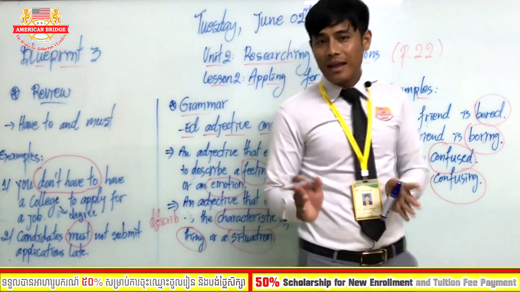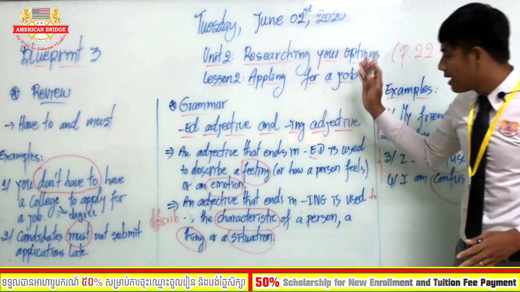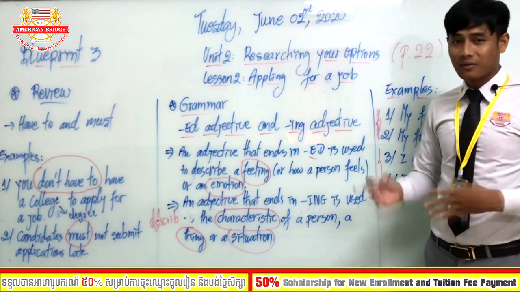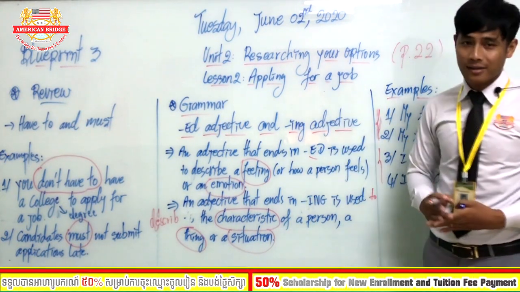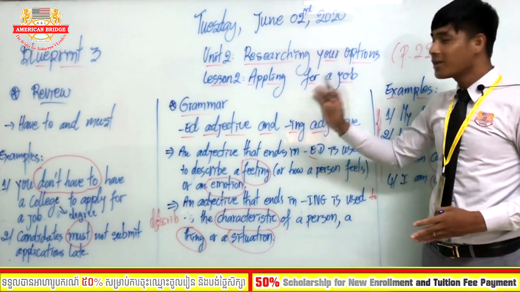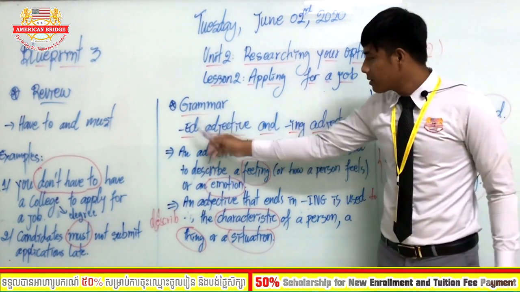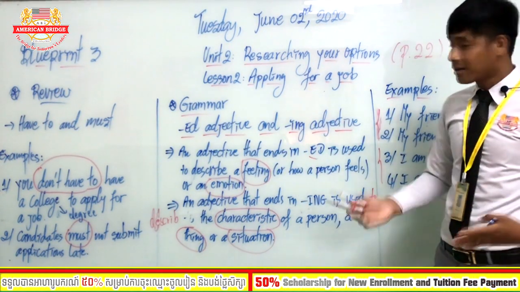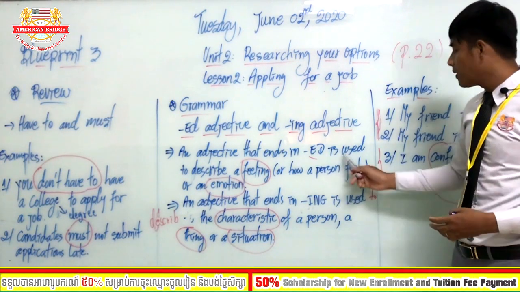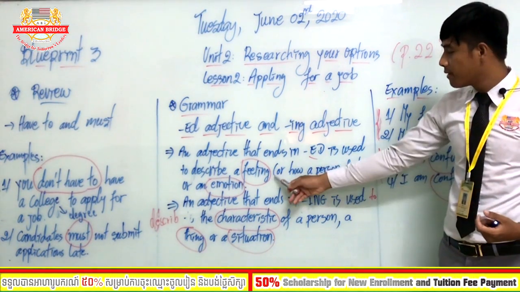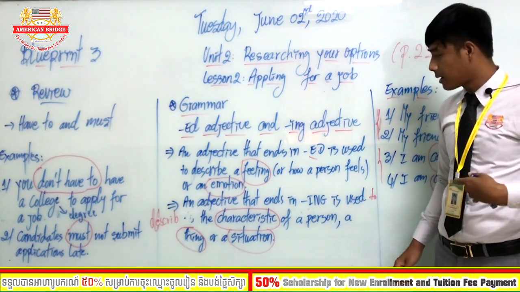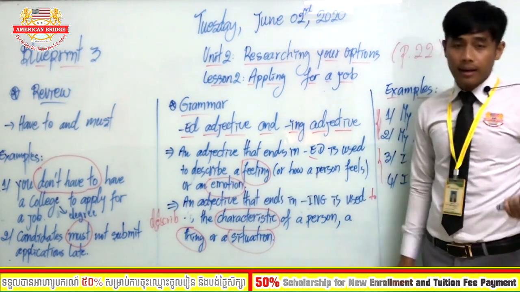Everyone, now the teacher will tell you again about how to use the ed adjective and the ing adjective, to make sure that you can catch up with the lesson well with this grammar. Okay, grammar: ed adjective and ing adjective. An adjective that ends in ed is used to describe a feeling, or how a person feels inside, or an emotion.